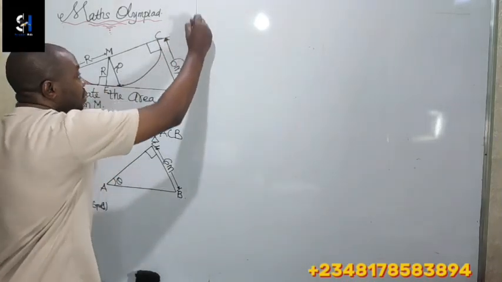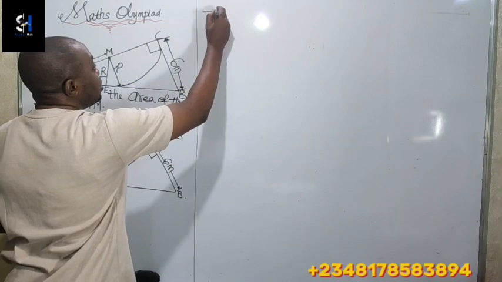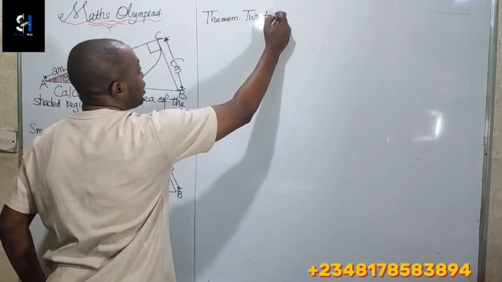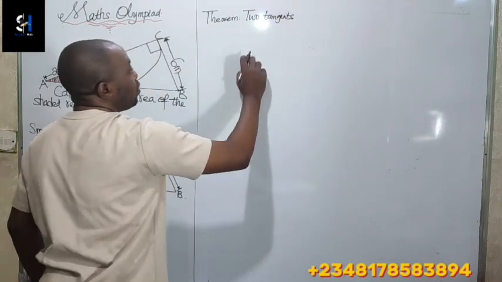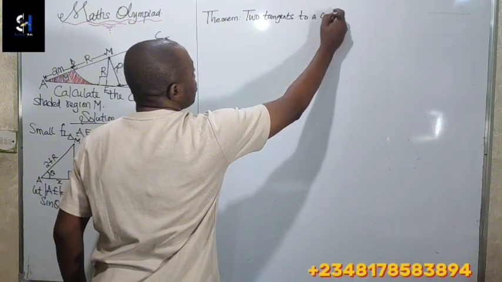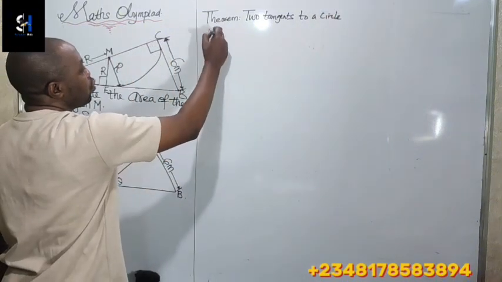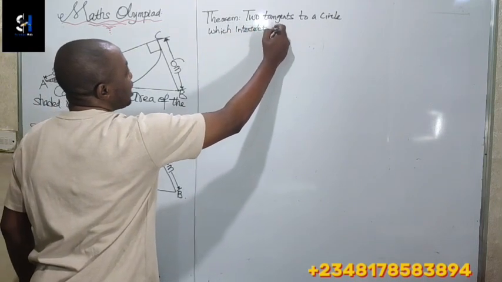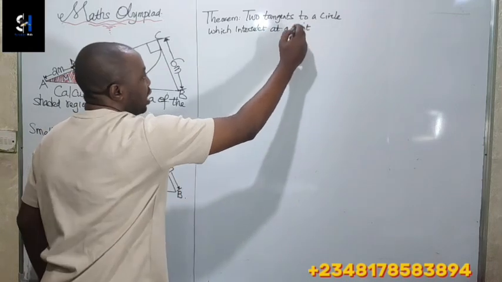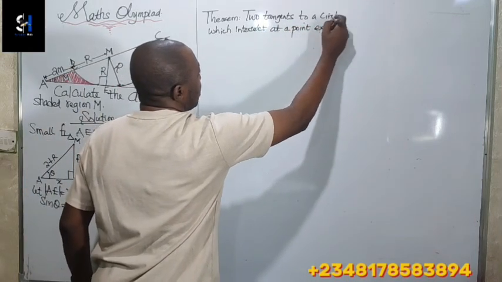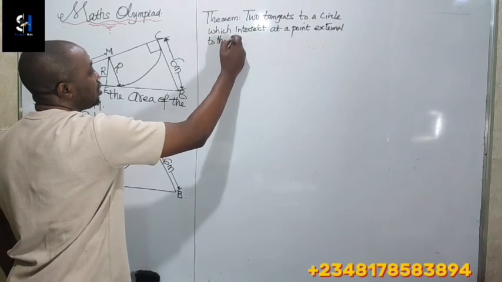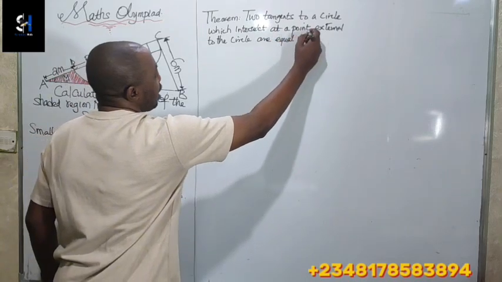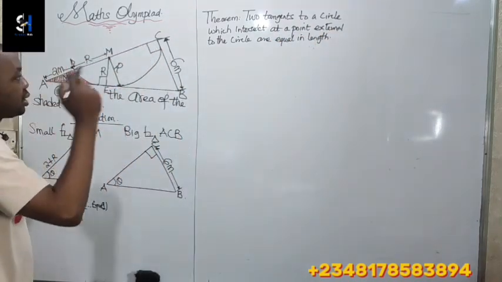The theorem is the one that talks about when we have two tangents to a circle which intersect at a point external to the circle: they are equal in length.